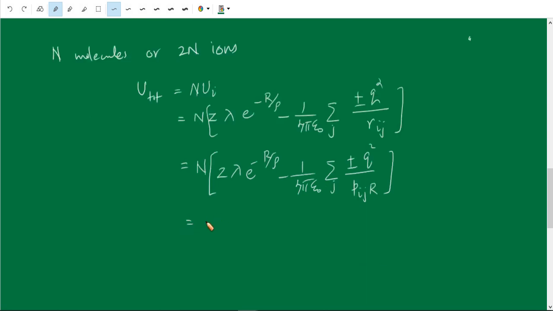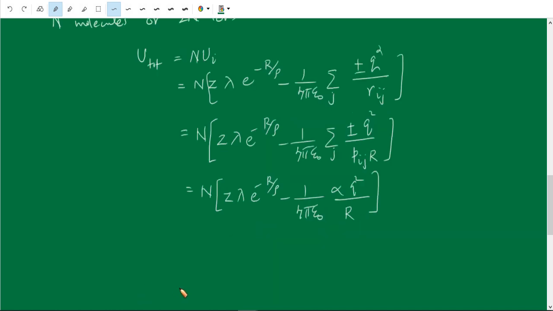So this can be written as n times z lambda e raised to minus r by rho, minus 1 by 4 pi epsilon 0 alpha q square by r. Here the summation of plus or minus 1 by pij is written as alpha.